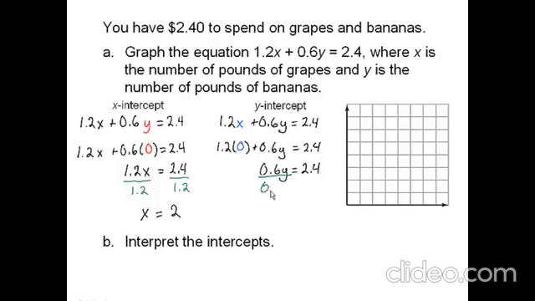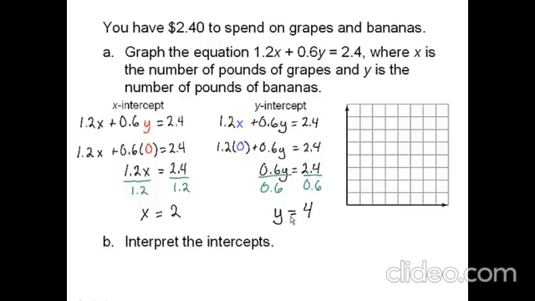Divide each side by 6/10 to get the variable y by itself. 6/10 divided by 6/10 is 1 times y, which is y. And 2 4/10 divided by 6/10 is 4. So the y-intercept is 4.